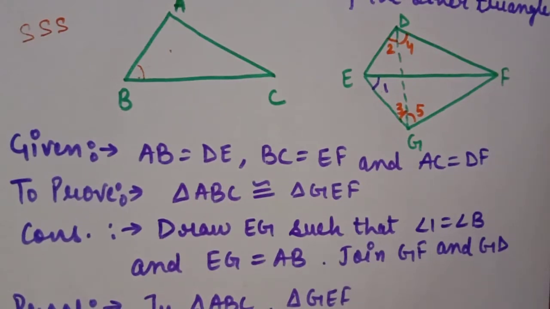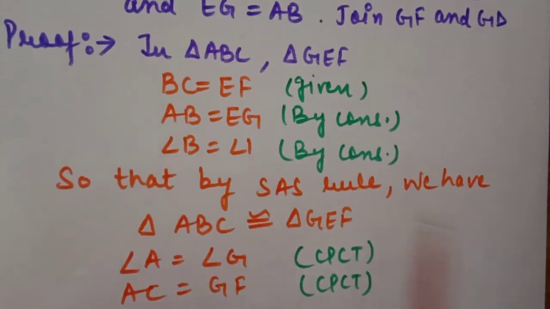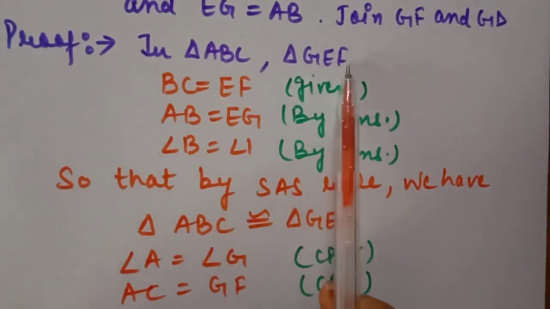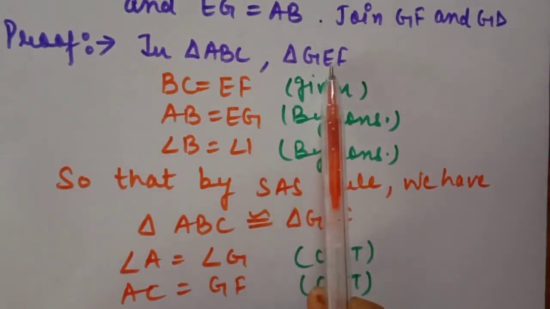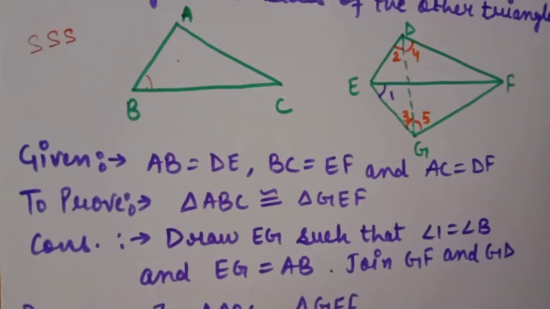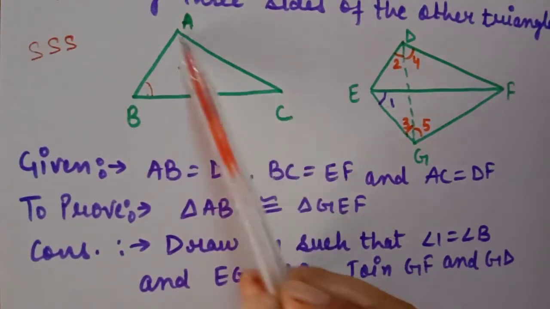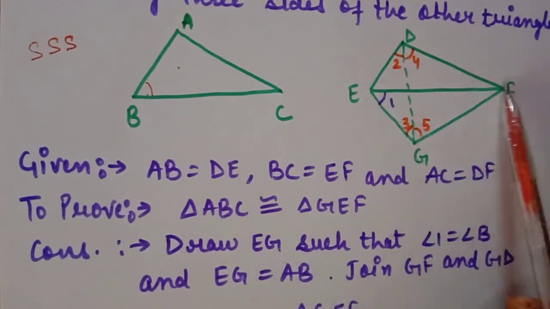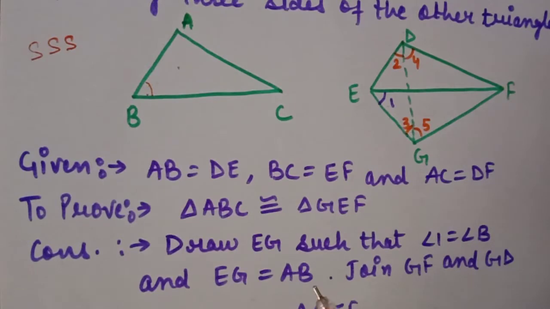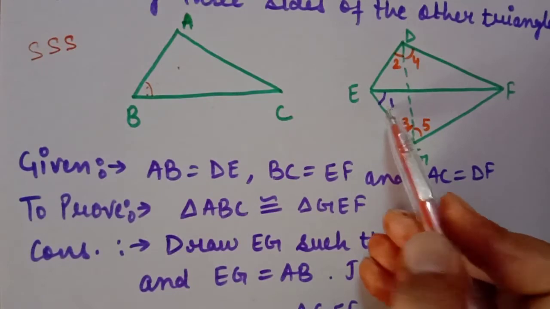Now in triangles ABC and GEF, we are going to prove these two triangles congruent. First we will discuss with the help of a diagram. In ABC and GEF, these two triangles, we need three elements for their congruency. First, angle B and angle 1 are equal to each other by the construction.